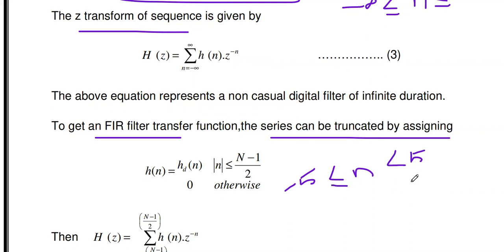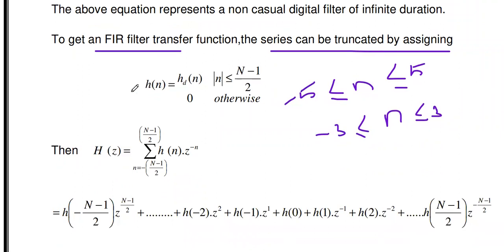If capital N equals 7, the small n lies between minus 3 to 3. Counting minus 3 to 3, there are 7 samples. Minus 5 to 5 gives 11 samples. So we keep only the center samples, depending upon the value of N.